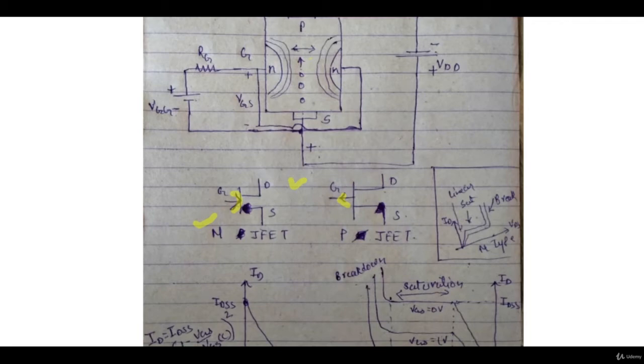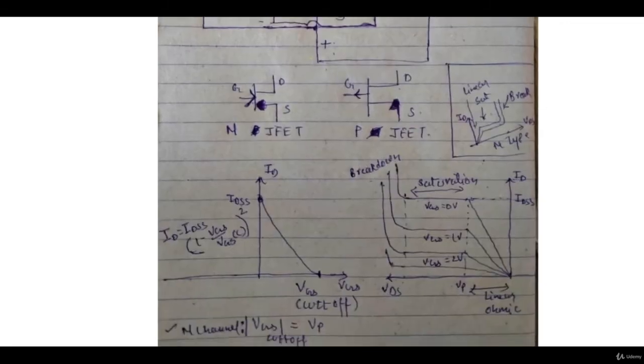You can think of it as the current going from drain to source in this case, or in this case source to drain. It is really confusing, it feels. That is how the different symbol will look.